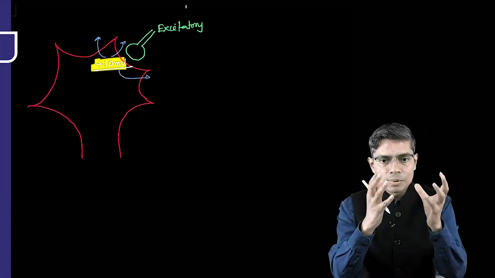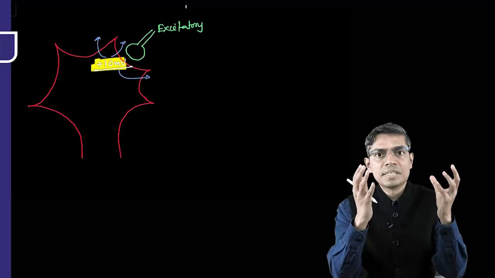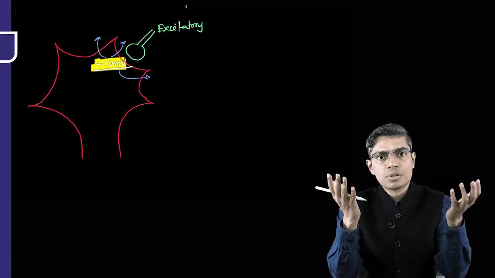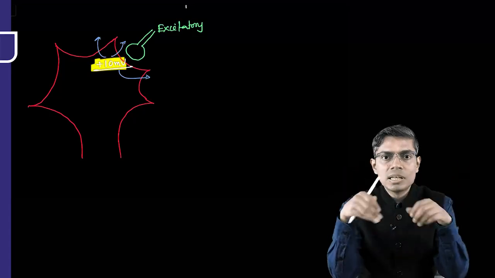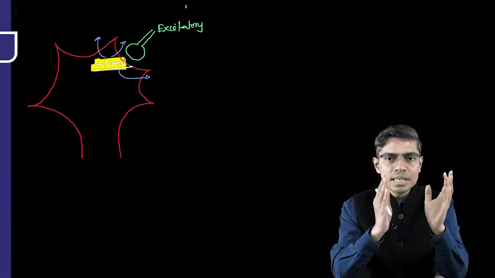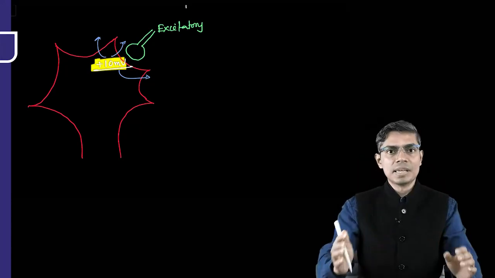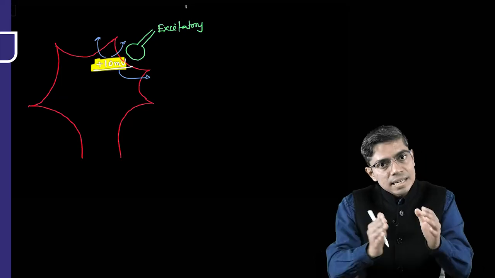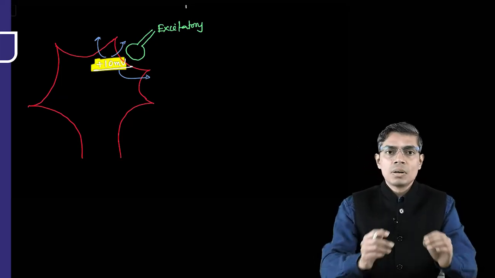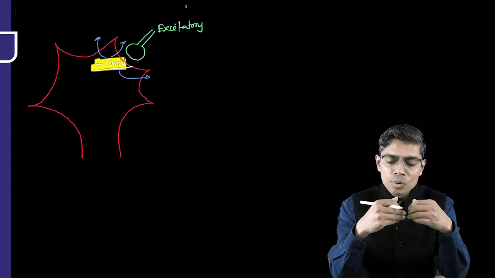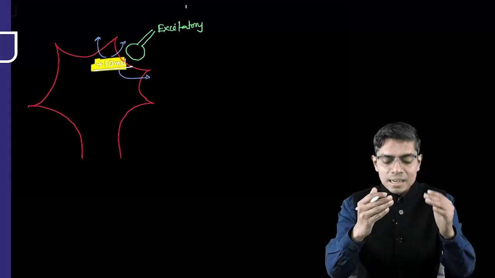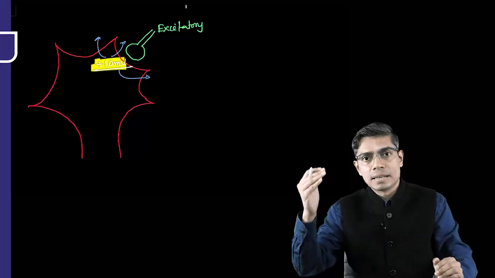Suppose the positive voltage is due to sodium, then the sodium will leak out from the cell, and gradually this local voltage will die out at the same area. Exactly in the same area? The answer is no. Local potential can move a little bit, but that movement is never long enough.